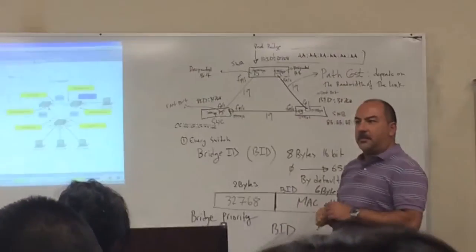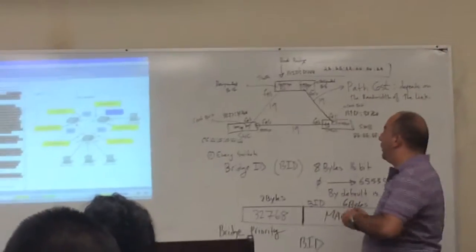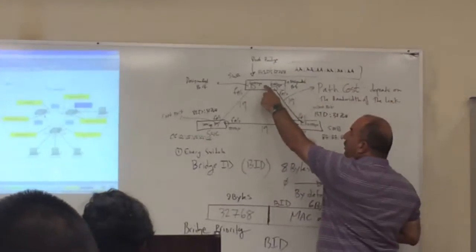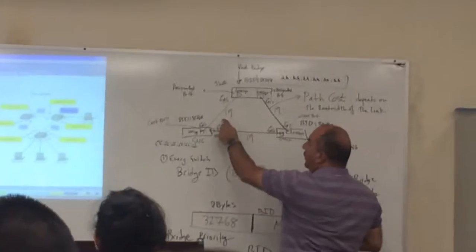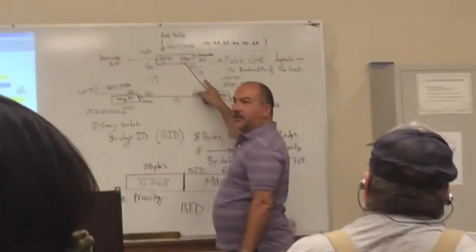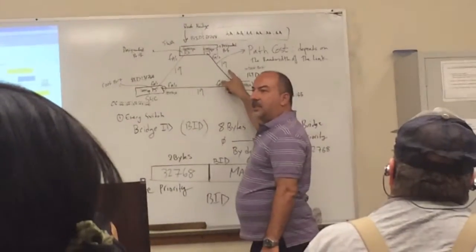The thing is that this is equal. So this port says that if I want to go to this switch, it's going to cost me 19 plus 19, which is what? 38. This switch says if I want to go to here, it's going to cost me 19 plus 19, okay, which is 38.